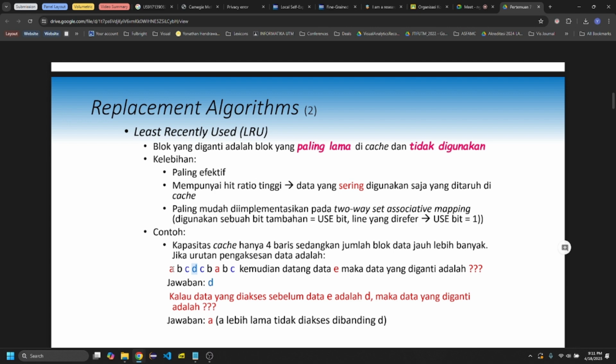They are accessed sequentially in the first 4 cases. And then the CPU accesses C again, D, A, B, C.